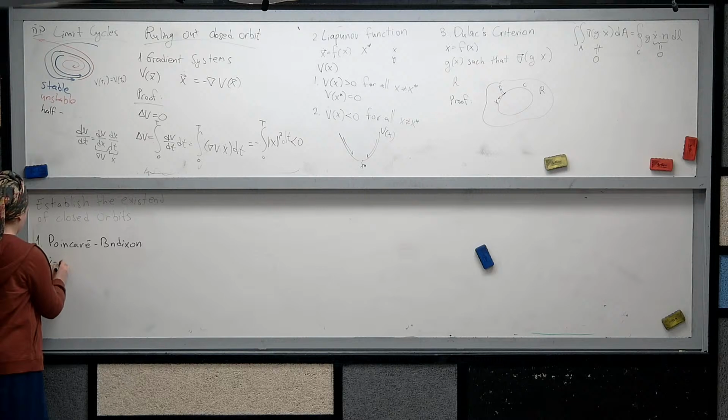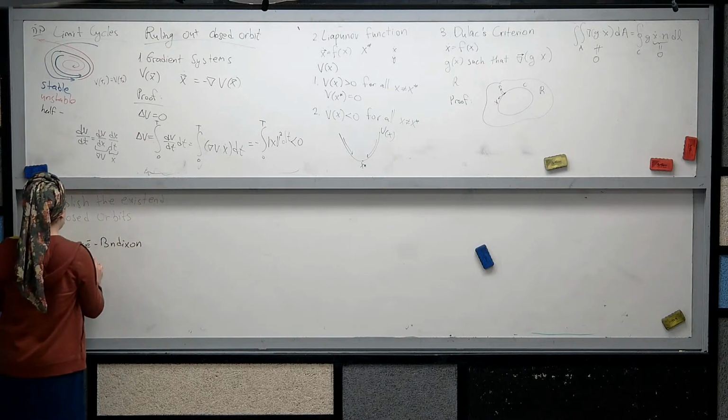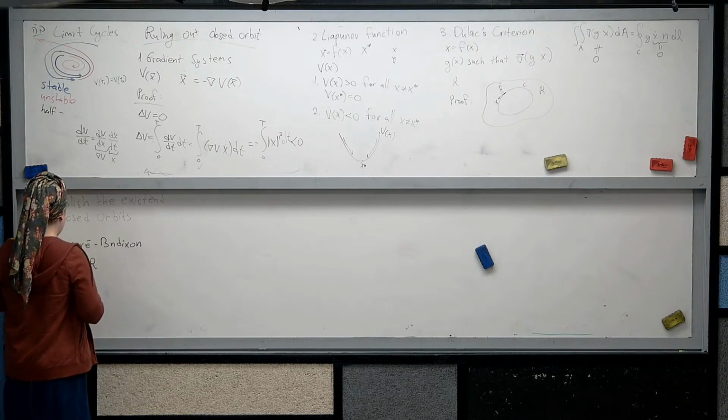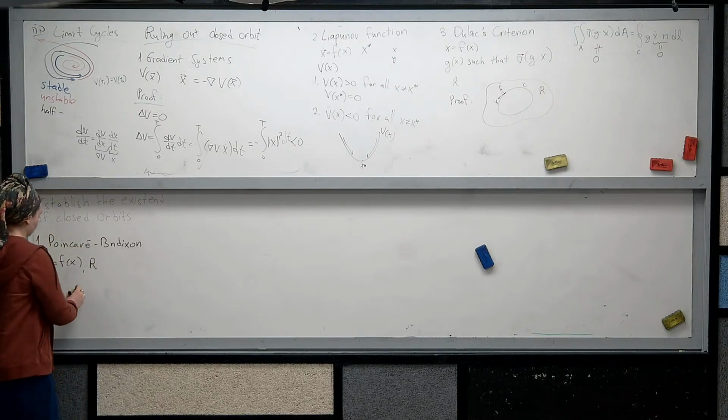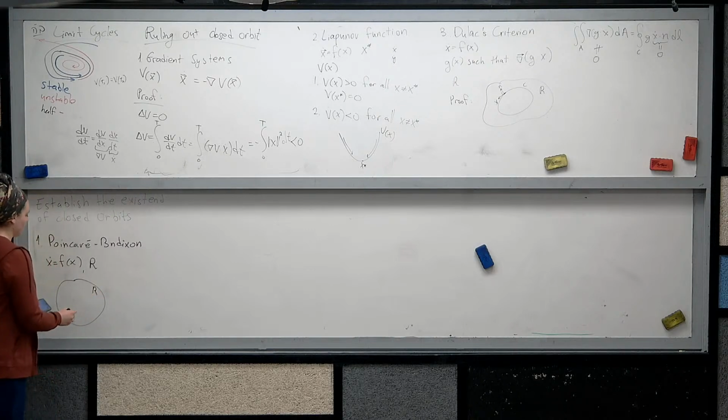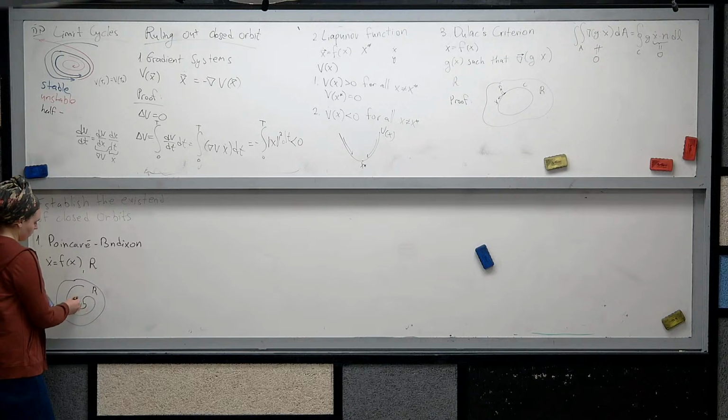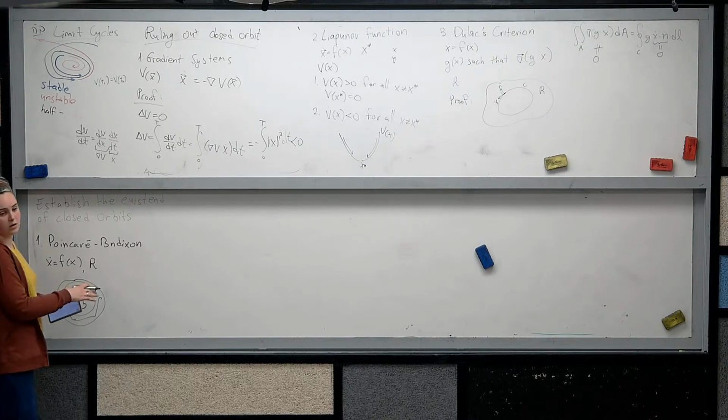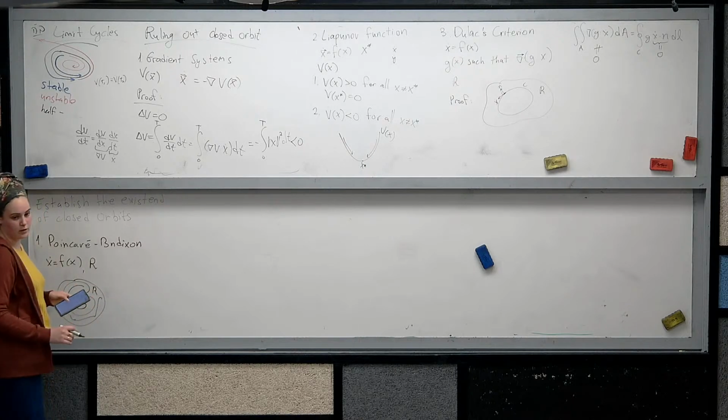If we have x dot equal f x, and R is some closed area in the space, and there is some trajectory that will stay inside R for all time, it doesn't really matter what its shape is, but it's always from the beginning to the end inside R. That means that there is a closed loop inside this area.